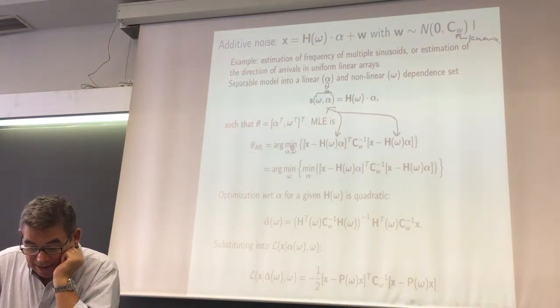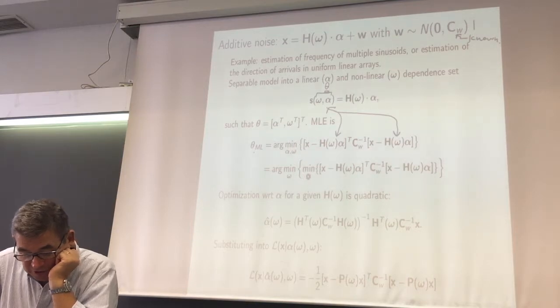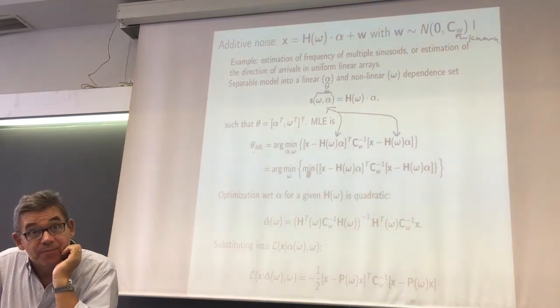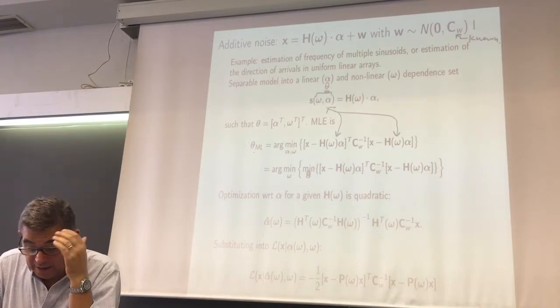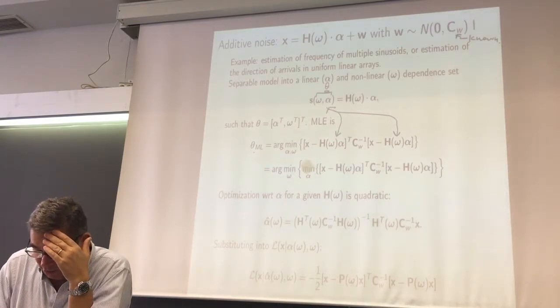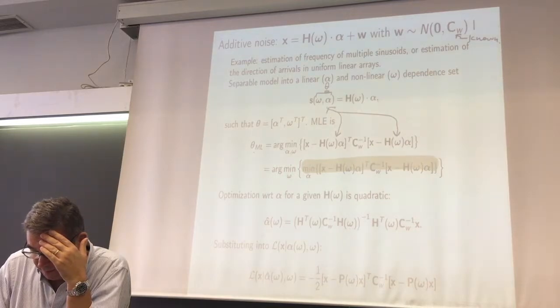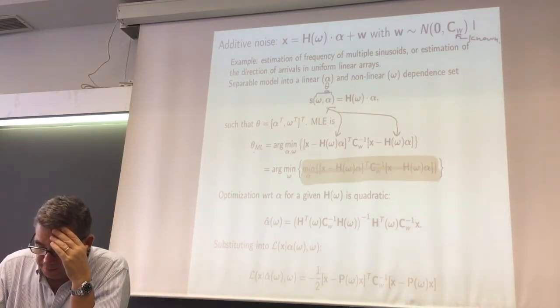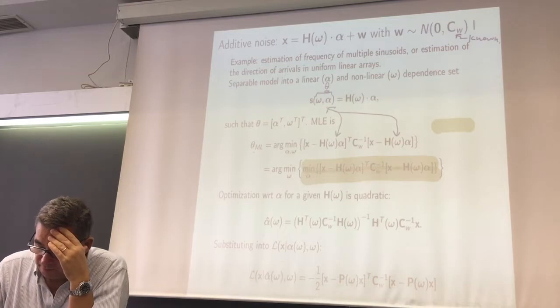I can minimize first with respect to alpha, assuming that omega is fixed. So when I'm doing the yellow one, omega is fixed.